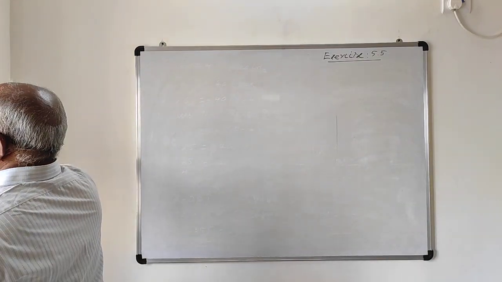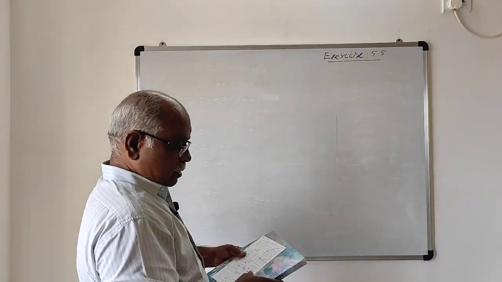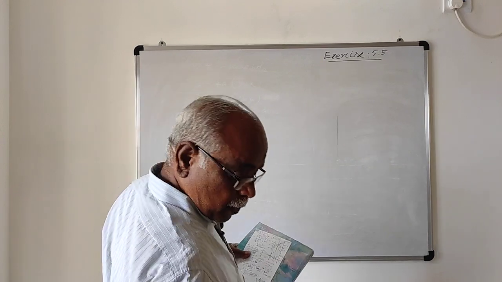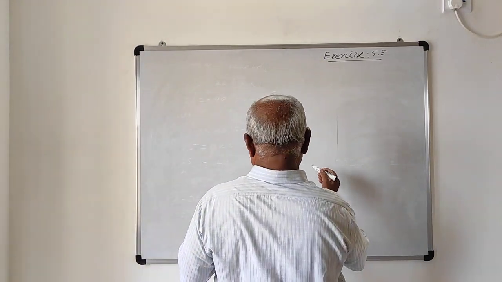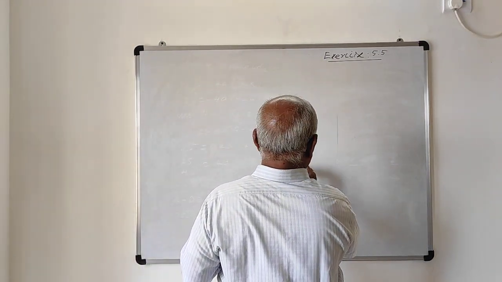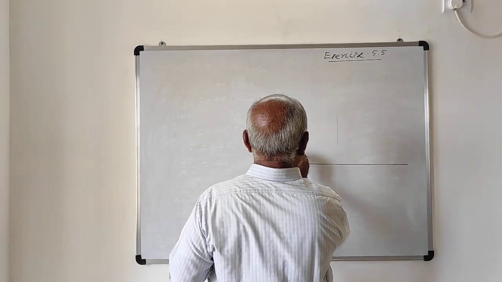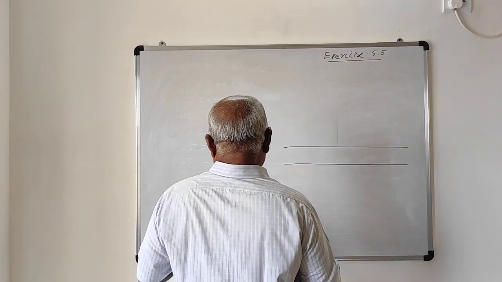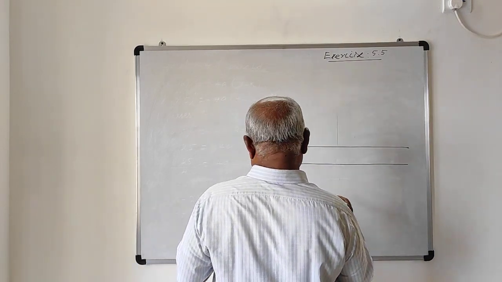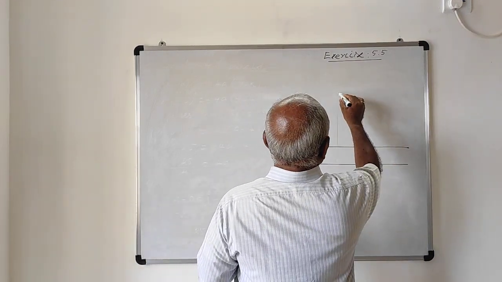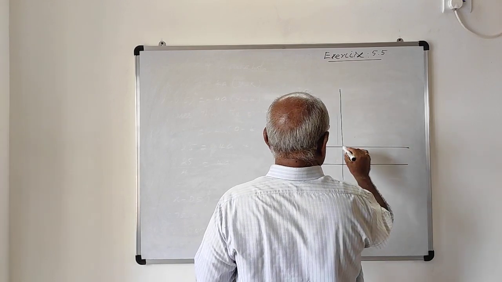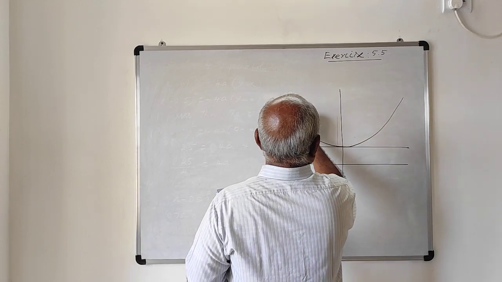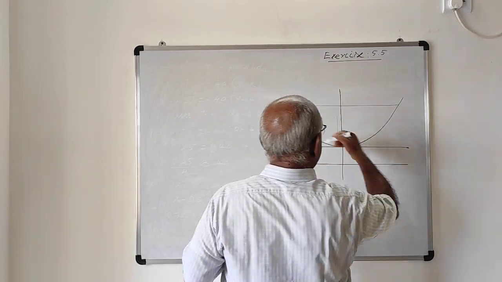See, on your road bed, there is a suspension bridge. It's in the form of a parabolic curve. So this is the road bed. This is the bridge, the suspension bridge.